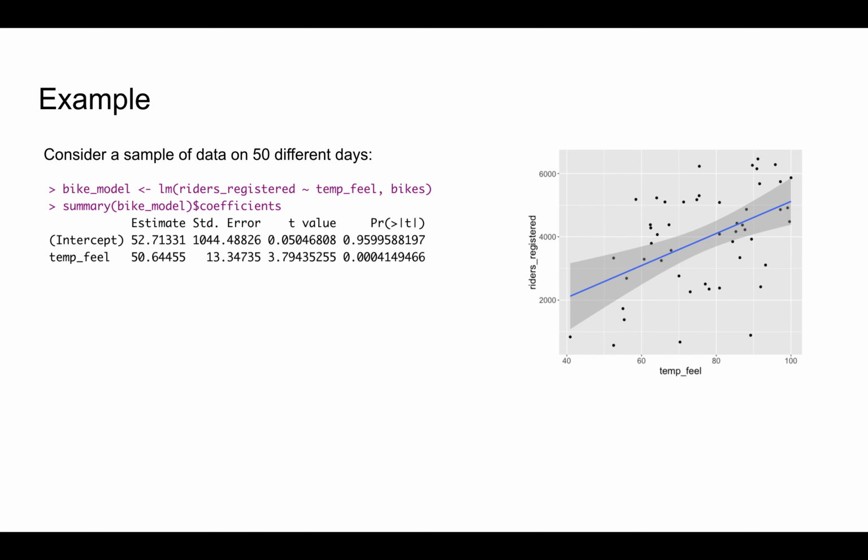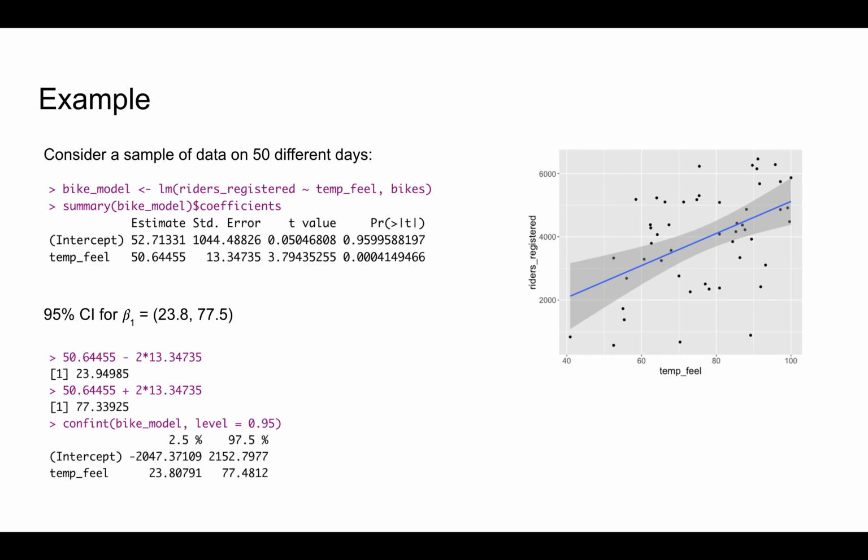As a follow-up to this observation, we can also examine a 95% confidence interval for the beta 1 temperature coefficient. A quick but rough confidence interval is calculated by taking our coefficient estimate, 50.64455, plus or minus 2 standard errors of 13.34735. A more exact result is provided by the confint function, and this result indicates the following.